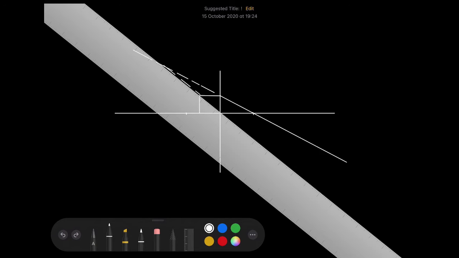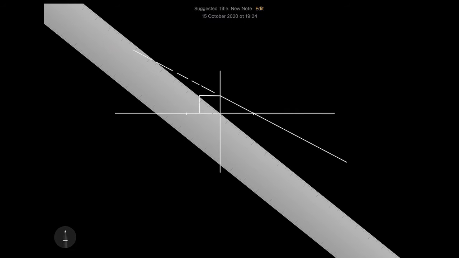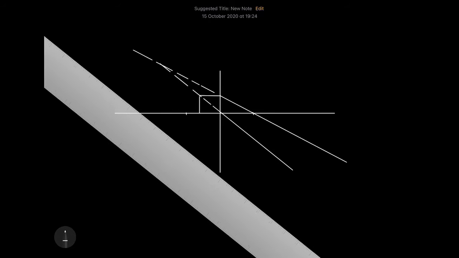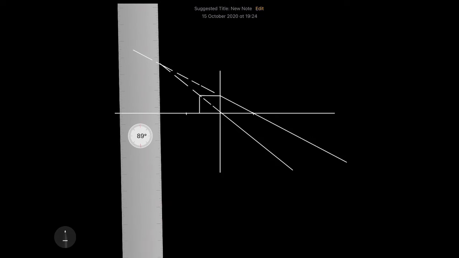So let me just do that again. So this is where your image is formed.